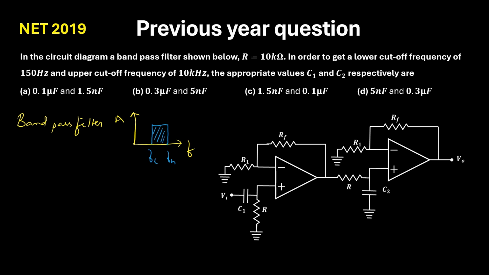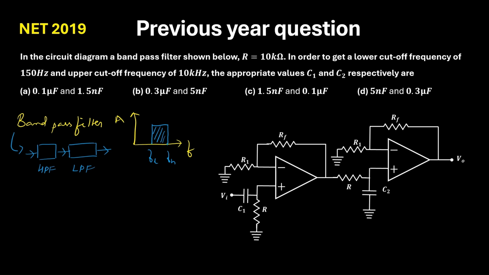Now this FL is known as the lower cutoff frequency and FH is known as the upper cutoff frequency. Generally, the band pass filter will consist of two filters. The first one will be a high pass filter and the second one will be a low pass filter. Now when we combine these two filters, we can get a band pass filter.